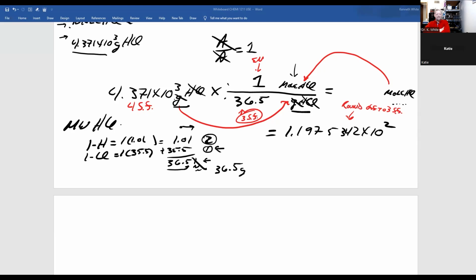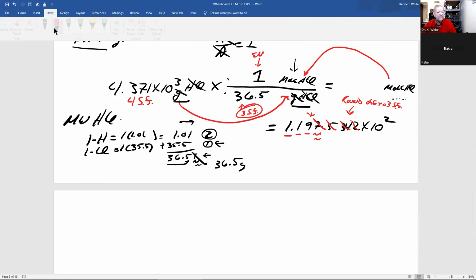All right, my turn. Three significant figures, keep the 1, keep the 1, keep the 9. Use the 7 to round off. Is that 4 or less or 5 or higher? It's 5 or higher, so I drop this, everything afterward, and increase that by 1.